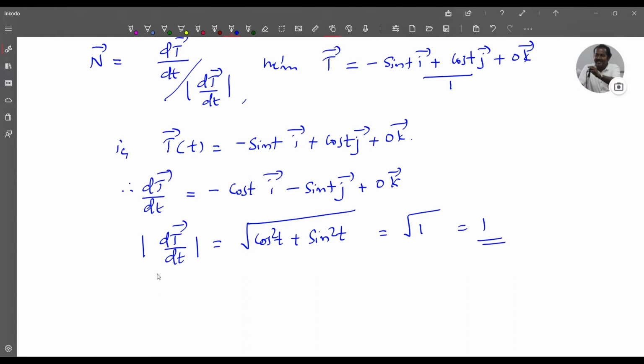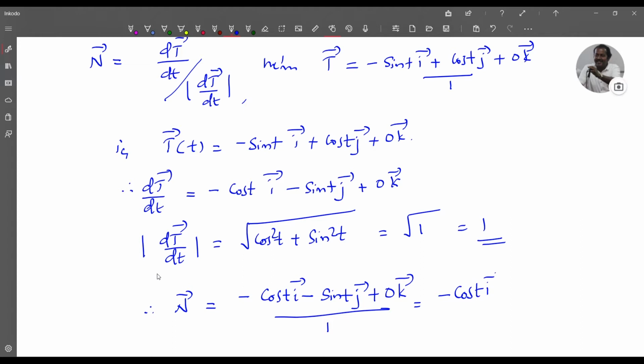Therefore n equal to dt by dt divided by modulus of dt by dt. So dt by dt is minus cos t i minus sin t j plus 0k divided by modulus of dt by dt, which is 1. So this is minus cos t i minus sin t j plus 0k.